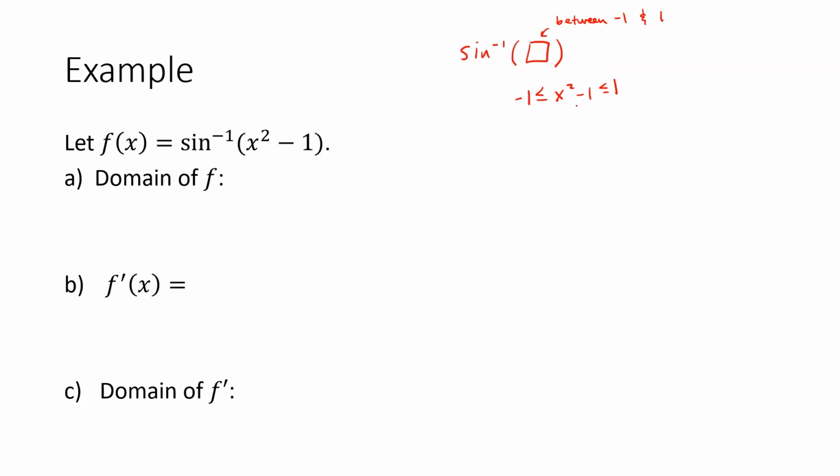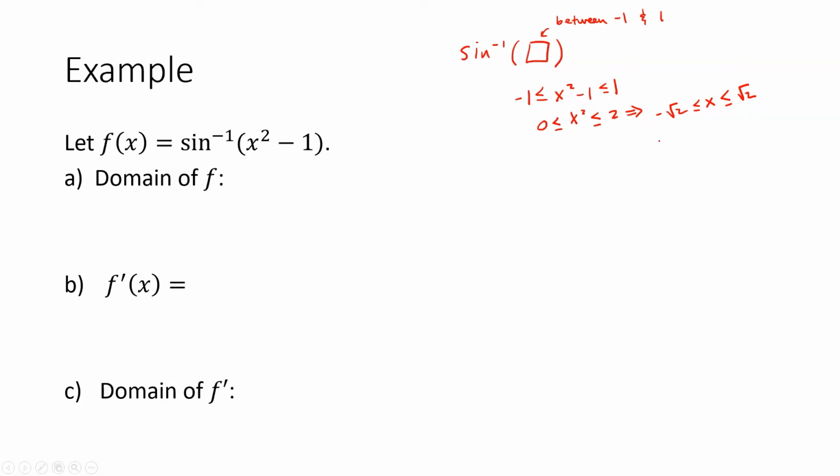If we try and solve this inequality out, if I add 1 to both sides, we get x squared is between 0 and 2. And therefore here we can assume that x without the square on it is going to be between negative square root of 2 and positive square root of 2.